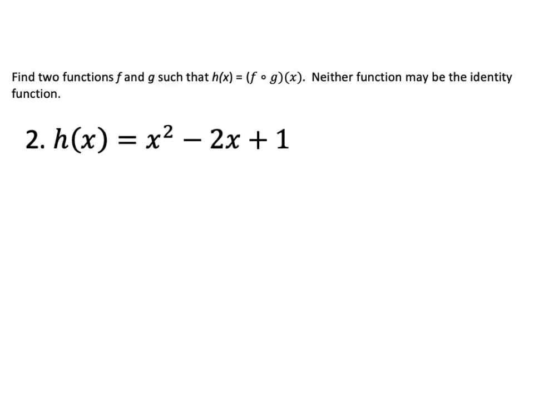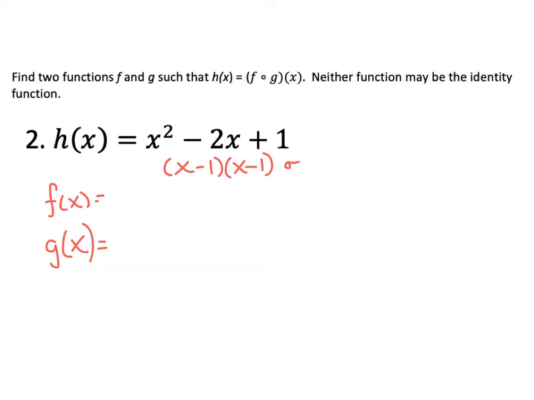So in this example, my instructions are very similar. Again, we're finding two functions, f of x and g of x, such that f of g of x gives us this h of x function. So there's, again, quite a few things we can do here, but one of the things I notice, if I were to factor this trinomial, this would be x minus 1 times x minus 1.